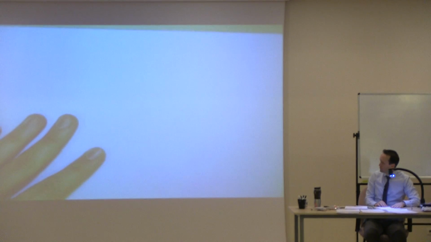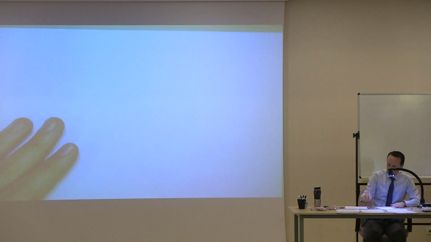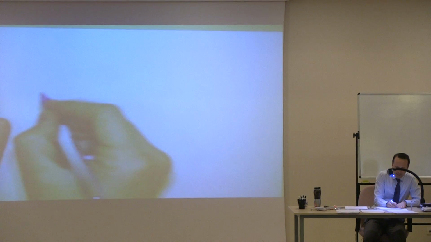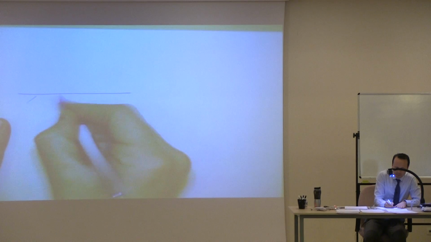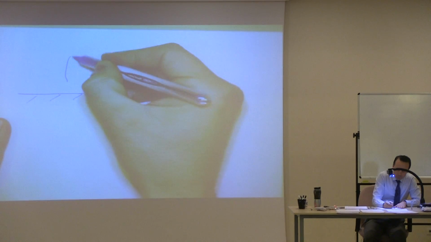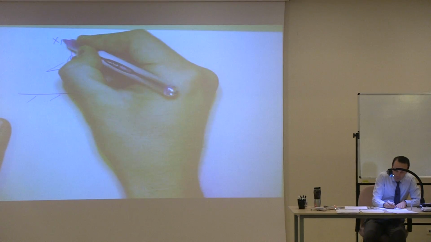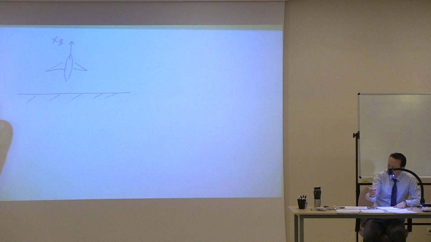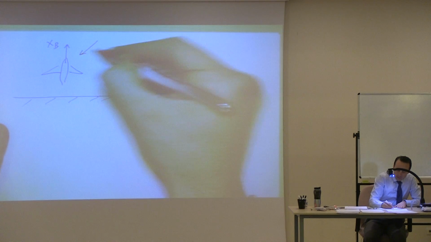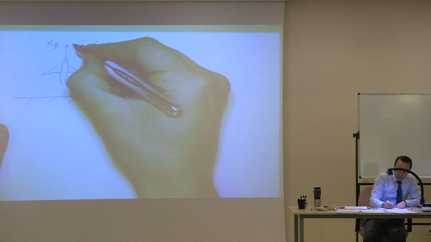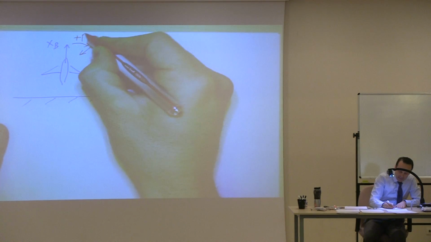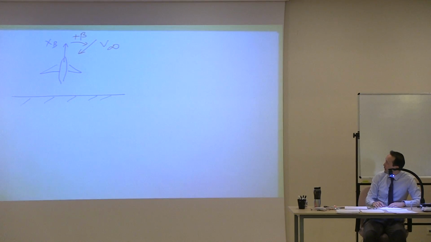Okay. So the same argument is true for an airplane in side slip. Call this x body, and let's call this v infinity. Okay, and this is a positive side slip to the right. What we call a positive side slip.